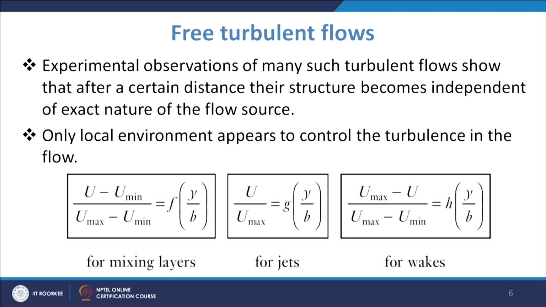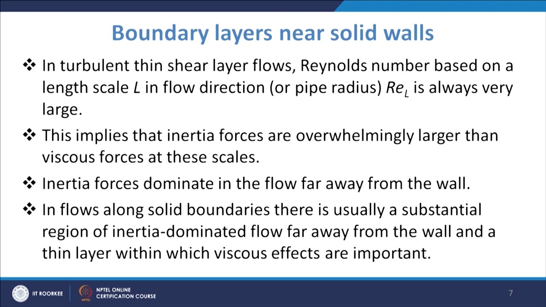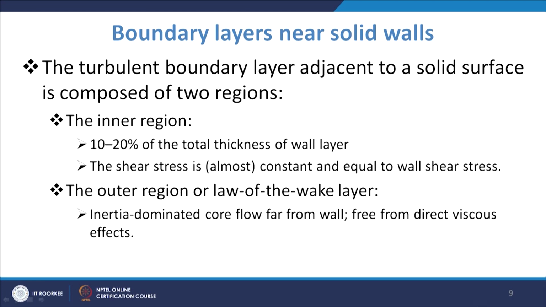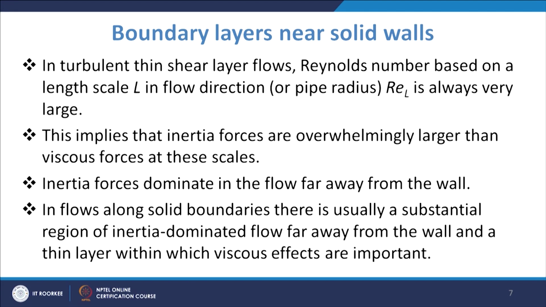Now, if you go for the boundary layer near the solid walls. So suppose we are taking the case of boundary layer near the solid walls. In the turbulent thin shear layer flows, this Reynolds number based on length scale L in the flow direction, that is Re_L, is always very large.